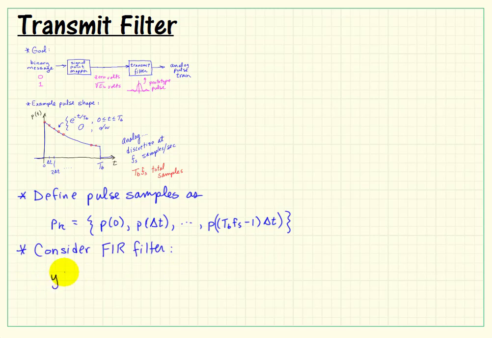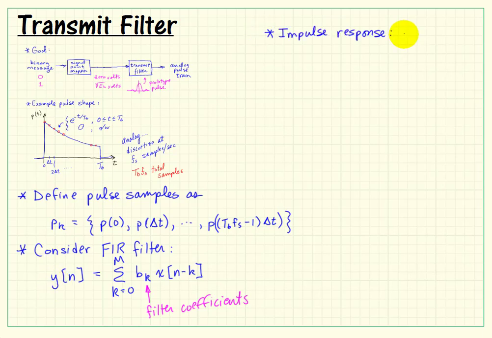Now I'm going to switch gears here for just a moment and draw your attention to the FIR filter equation. And at some point you've probably studied the finite impulse response filter, which operates from a sequence of filter coefficients, b sub k. These filter coefficients multiply your input sequence x to produce your output sequence y.